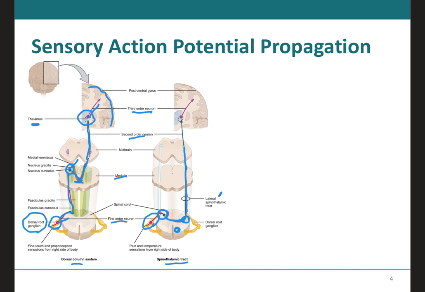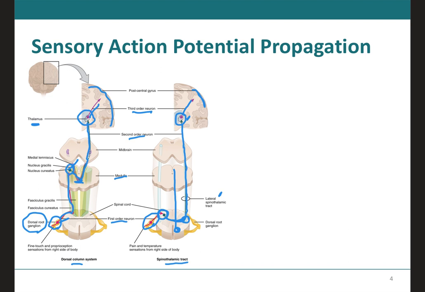In this case, if it was an anterior tract, it would continue up anteriorly, but it will synapse again at the thalamus. So the second order neuron synapses with the third order neuron at the thalamus, very similar to the dorsal column, and then the axon will take the information to an area on the cerebral cortex, depending on the type of information.